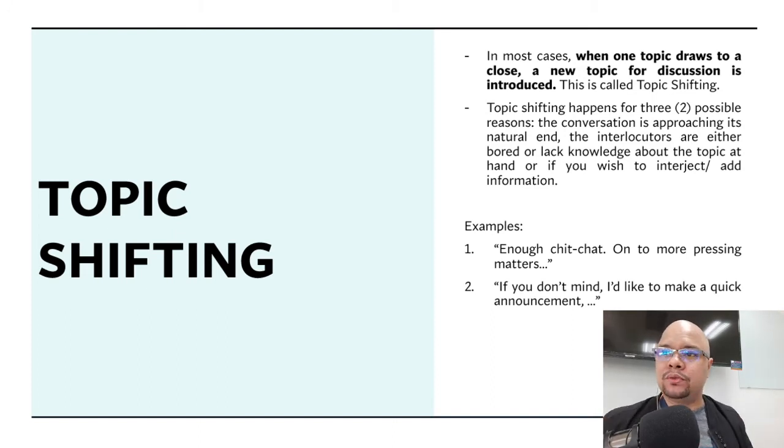So probably to keep the conversation going, you could introduce a new topic for discussion. And finally, you could also use topic shifting if you want to interject or add new information. You could say "furthermore" or "adding to that," so on and so forth.